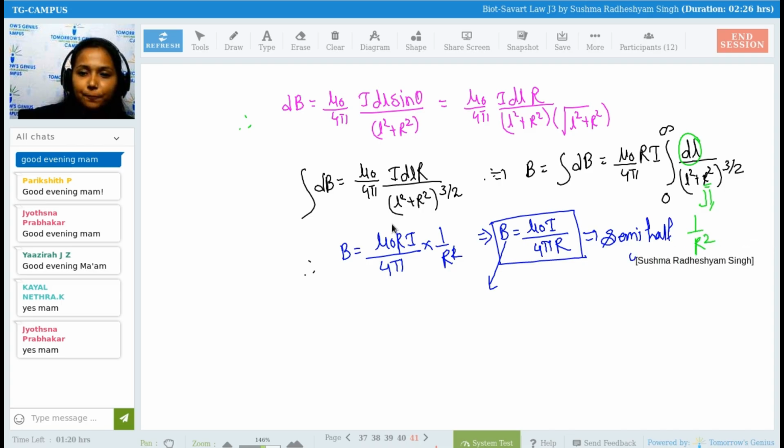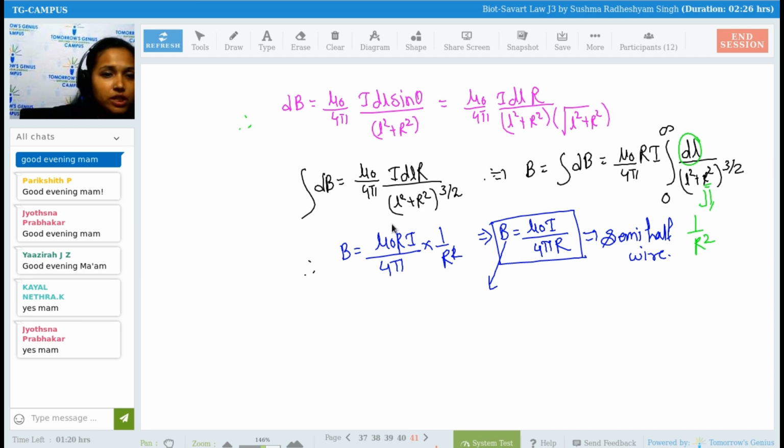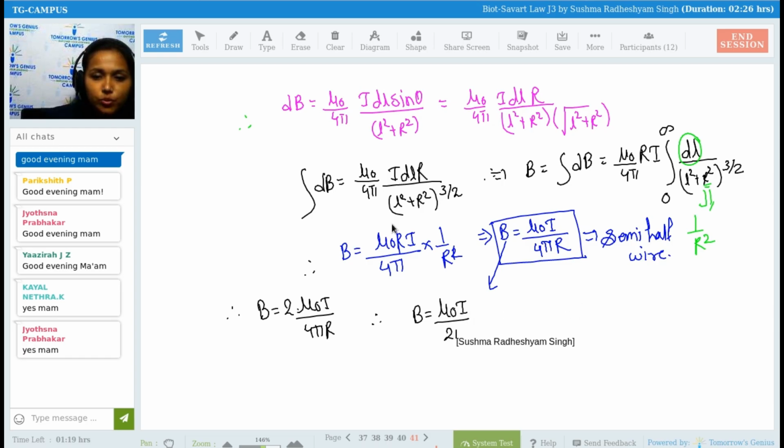Because here we say our dB is twice of dB, but we solve only dB for one half. So now if I put the condition, we know B is equal to 2 times mu naught I upon 4 pi R. So from here we get magnetic field B is equal to mu naught I upon 2 pi R. Please keep in mind, this is a very important formula. You get direct questions about this in your JEE entrance exam.